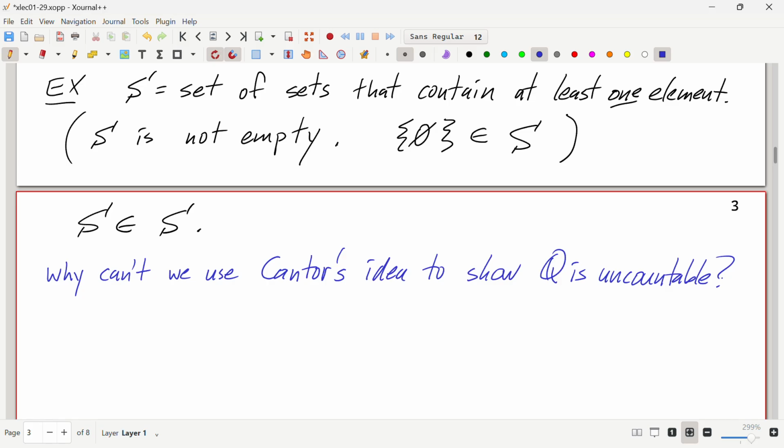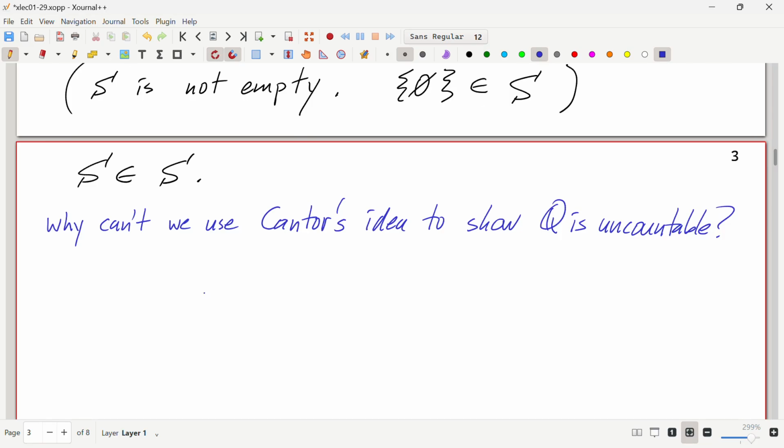I could still, let's say I had a one-to-one onto map from the natural numbers to Q, then I'd get a Qn, and I could choose an interval that's not containing Qn. I could even choose the endpoints to be rational.